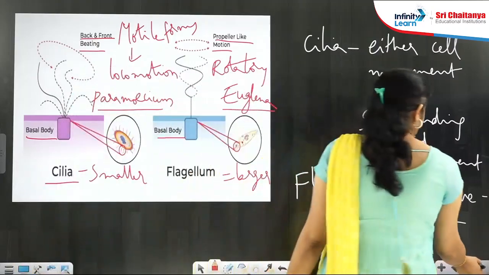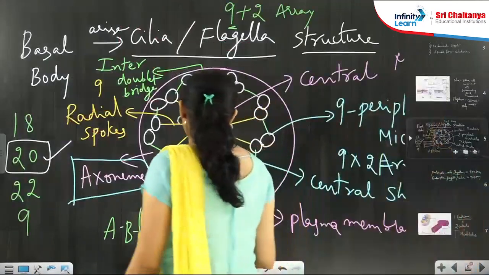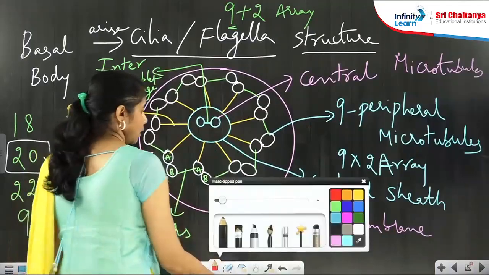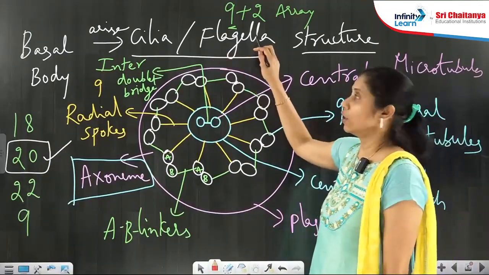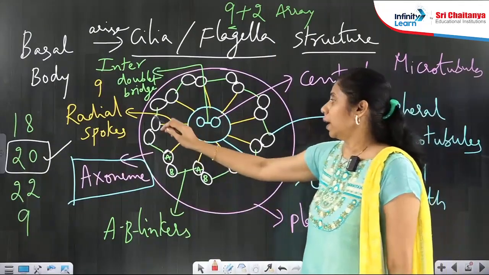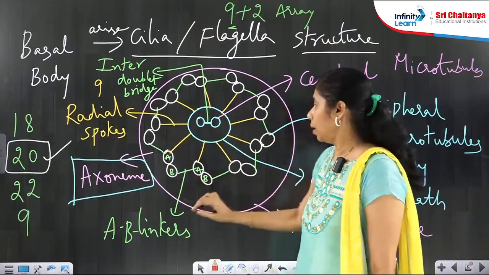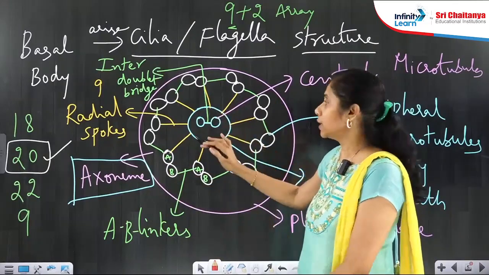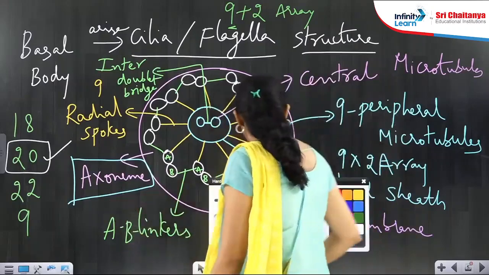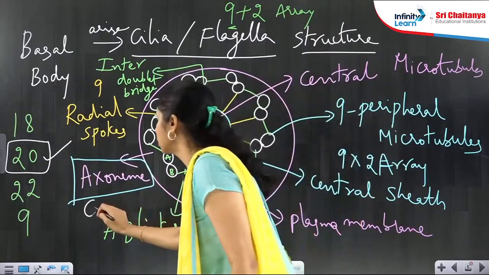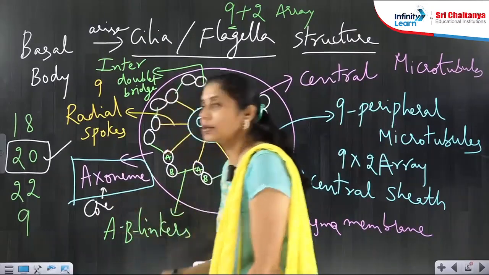Then coming to the structure, you can see here that each cilium and flagellum is made up of an outermost membrane, the plasma membrane, and inside whatever is there is called the core. This core is called the axoneme.